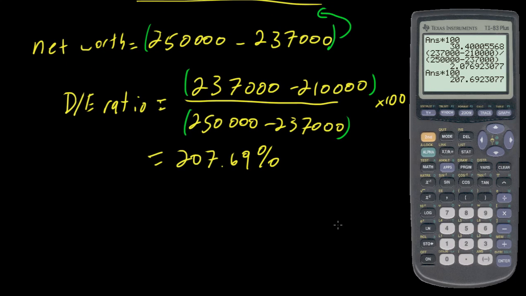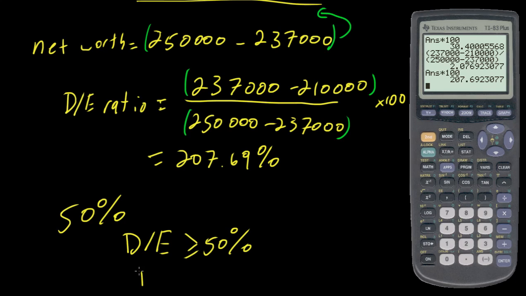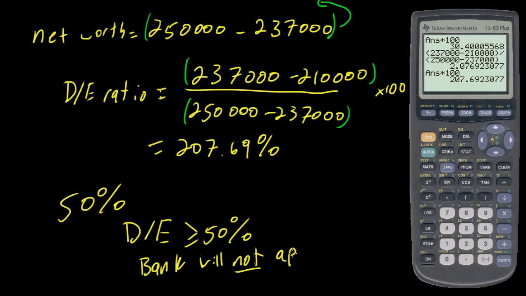The magic number in this is 50. The magic number for your debt to equity ratio is 50. So the bank is never going to give you a loan if your debt to equity ratio, including that potential loan that you're going to get, would be 50 or above. If your debt to equity ratio is greater than or equal to 50%, the bank will not approve the loan.